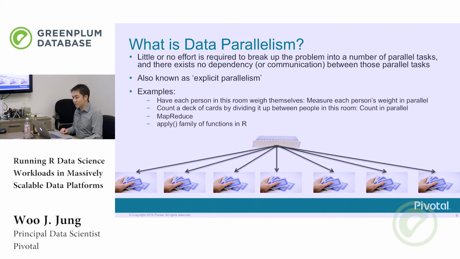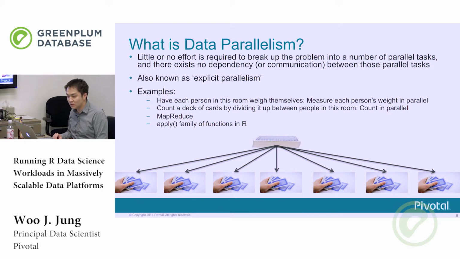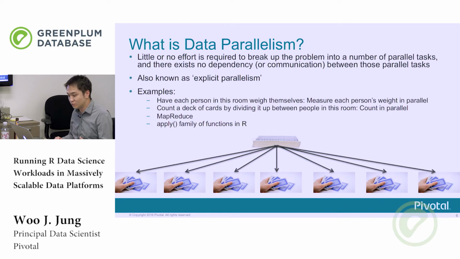In another scenario, you could divide up that deck into smaller chunks for everyone in the room, and have each person count her stack, right? Then you can have that run in parallel and get orders of magnitude improvement in the amount of time it takes to compute the card counting problem. Applied to more sophisticated machine learning routines, that would be the perfect scenario to make use of PL/R.